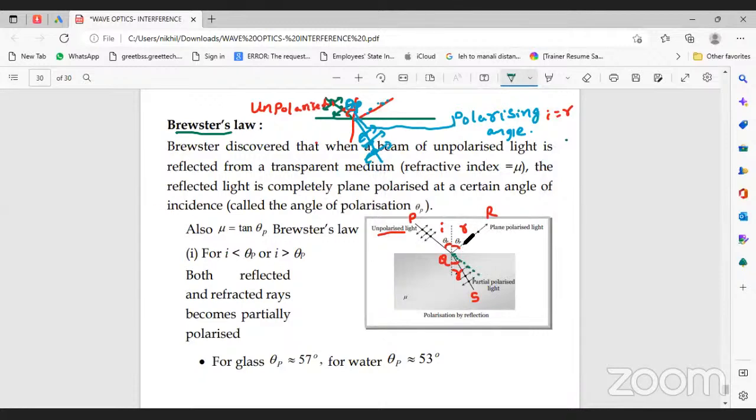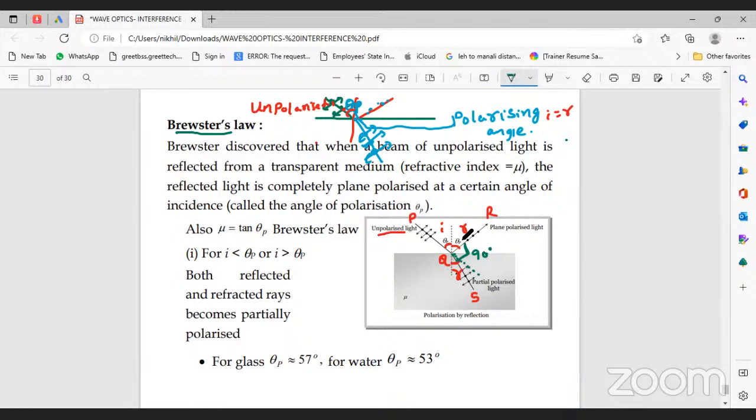Now, this reflected ray and refracted ray are also mutually perpendicular. Please remember, whenever the ray of light is incident at the polarizing angle, the reflected ray and the refracted ray are mutually perpendicular to each other, that is 90 degrees.